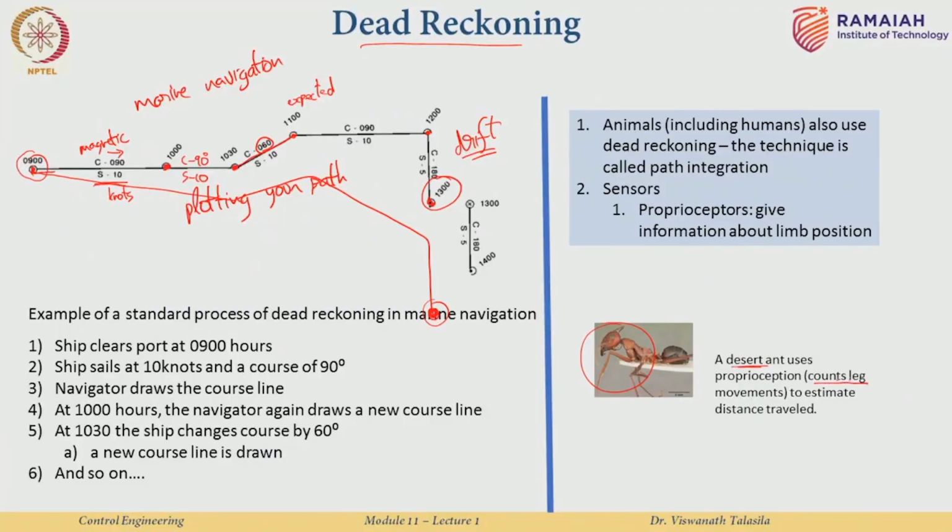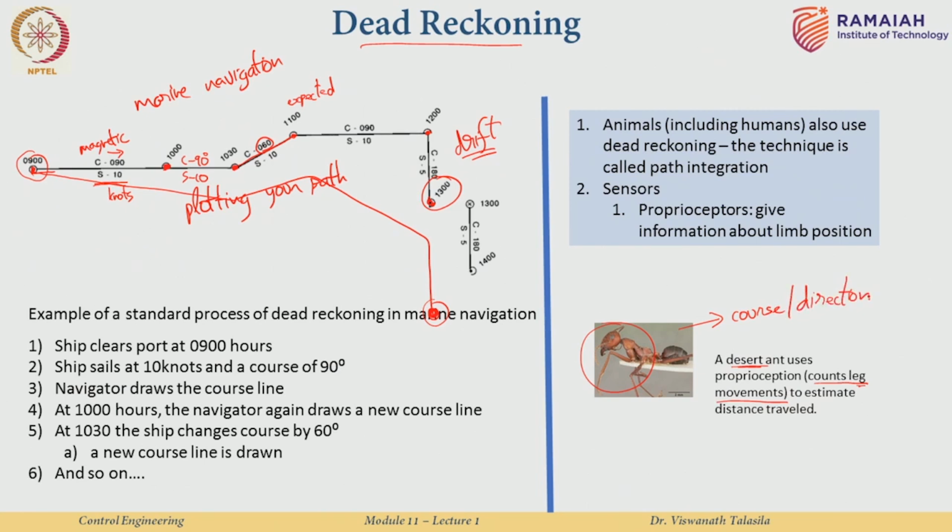It is able to count its leg movements to estimate the distance travelled. Notice that we still are not talking about how it gets the course or direction of movement. I'll come to that in the next slide.